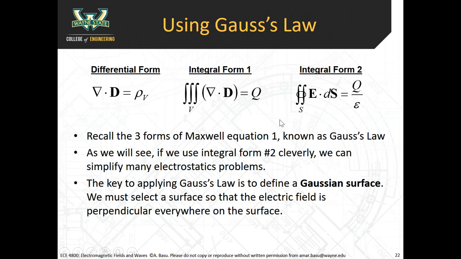So remember, D is equal to epsilon times E. Right, so that's where this Q over epsilon came from. We just changed this D to an E. Sure.